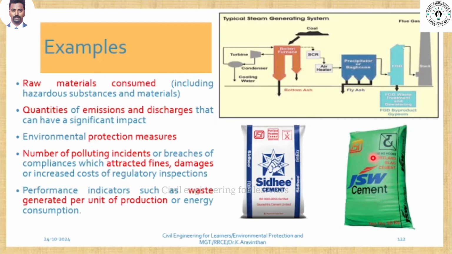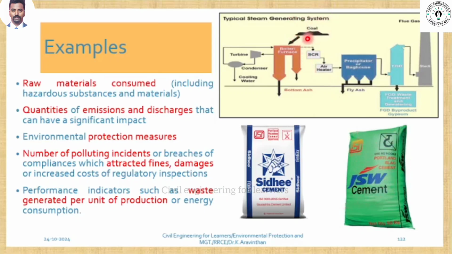Portland slag cement. Now, what do you mean by slag? It is a by-product. During any manufacturing in steam or thermal power plants, there comes a waste. That waste is called slag waste. So, by using that waste, they manufacture cement. That is why it is called Portland slag cement.